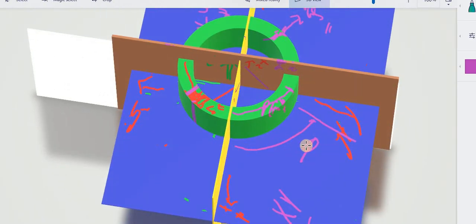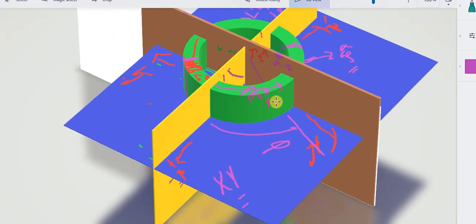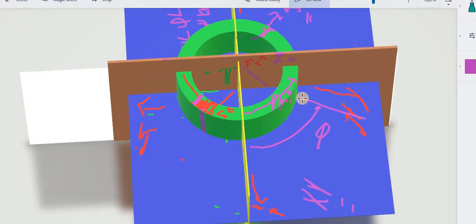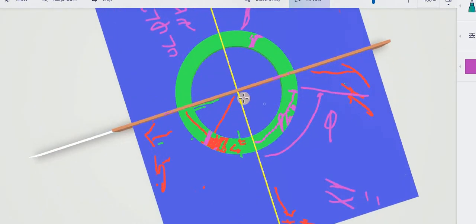This is constant, but rho is varying, maybe here, maybe here, maybe here.